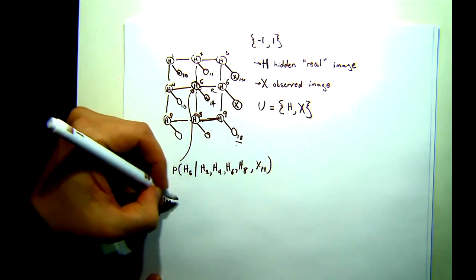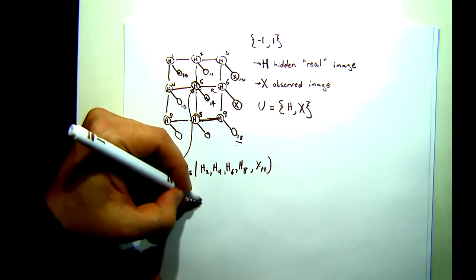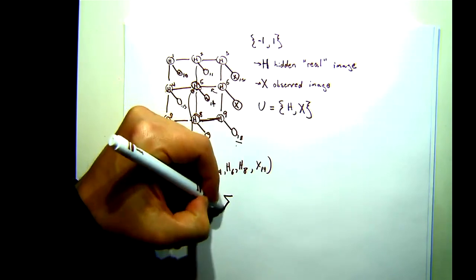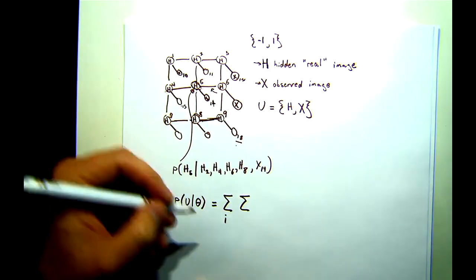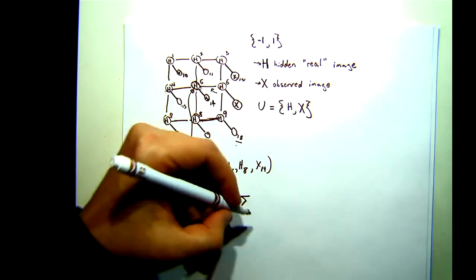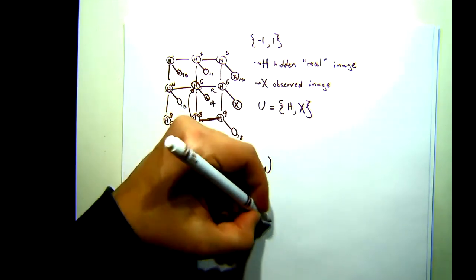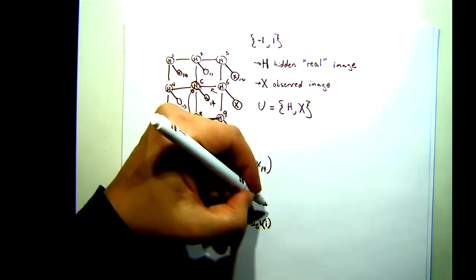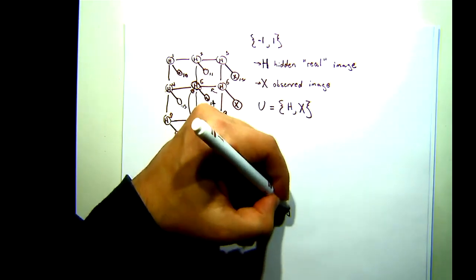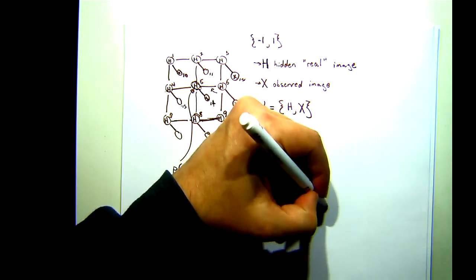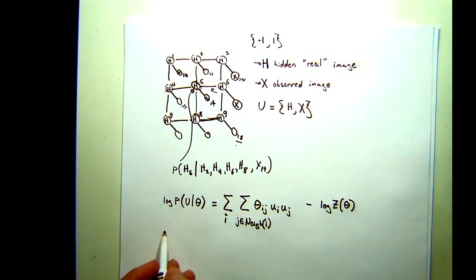So the log probability of U given some theta is equal to the sum over I, where I is the index of each one of these possible things, over all of the different variables, times the sum over j, which is an element of the neighbors of I, theta ij, ui, uj, and then there is a normalizing term. So this is the equation we're going to use to describe our model.